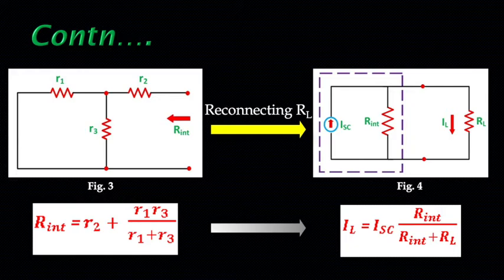Then find the load current using the current divider rule. So load current equals ISC into internal resistance divided by internal resistance plus load resistance. This is the IL.